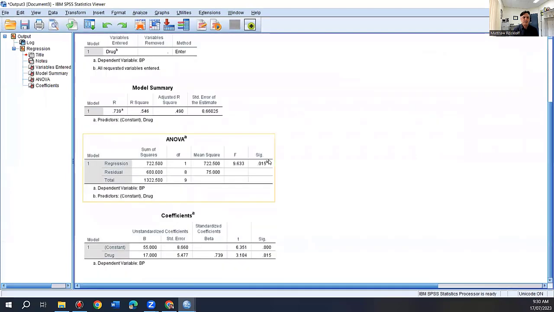Here's the output. Again, it's showing the model R squared, or R rather, which is exactly the same as the correlation that we found before, or very close to. And then we're going down and we're finding the significance. And again, right here, 0.015, that's showing the significant association between what drug you take and what outcome you actually get. So again, the same result.